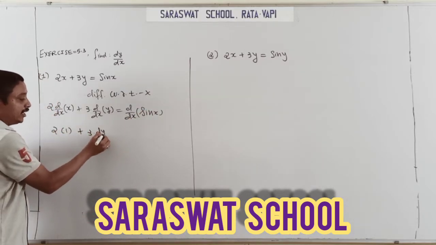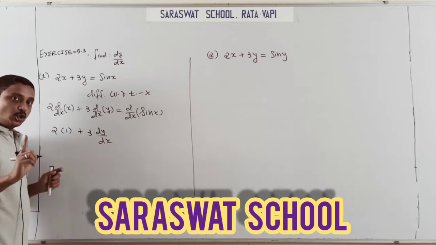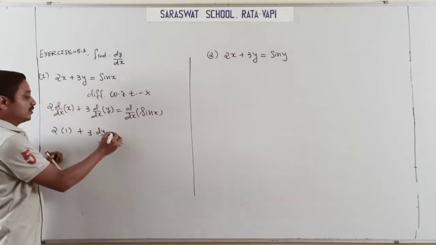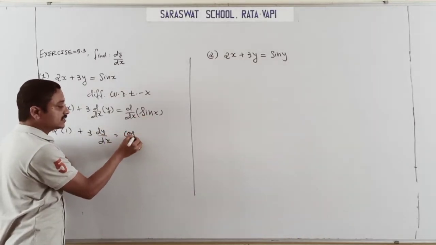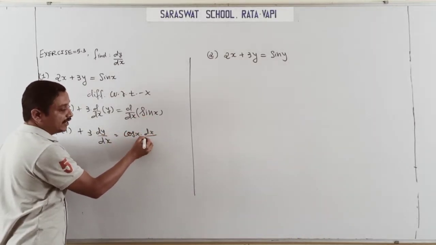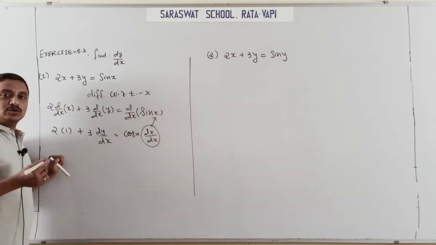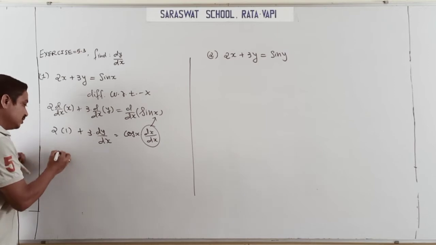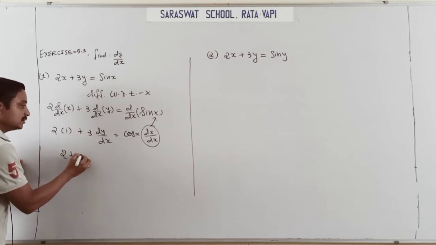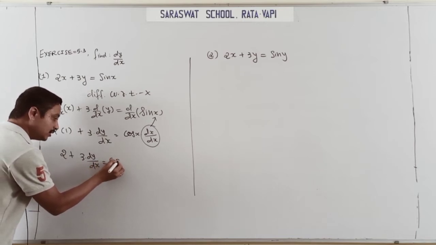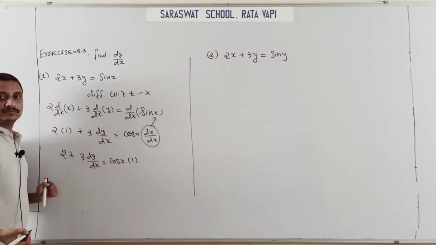Here dy by dx is variable. Don't take it out as a constant. Constant is only 2 and 3. And here sin x derivative is cos x, but x derivative with respect to x must be written down, otherwise you get confused in the sin y form. So here 2 plus 3 dy by dx is equal to cos x into 1.